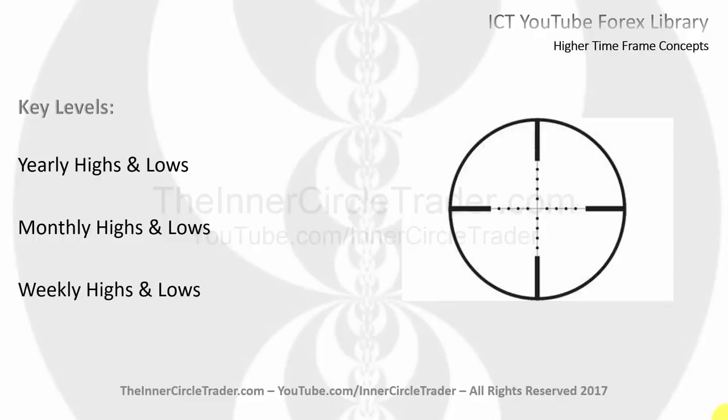So what we're looking for is the long-term macro yearly highs and lows, the quarterly highs and lows, the individual monthly highs and lows, and the weekly highs and lows. Now, what do I mean by weekly highs and lows? We're going to look back at last week's high and low. Very simple.